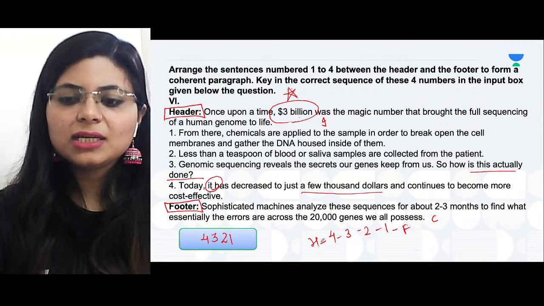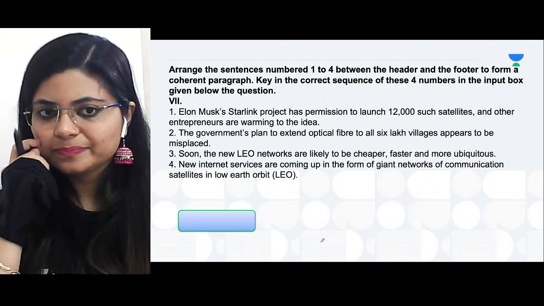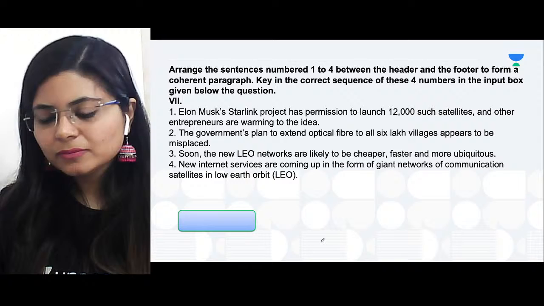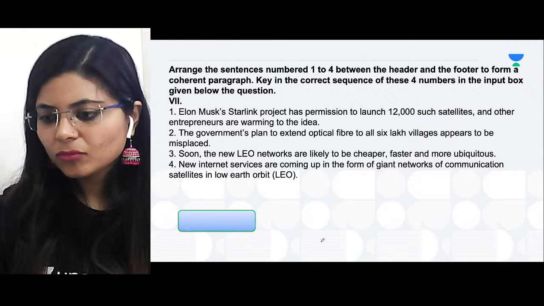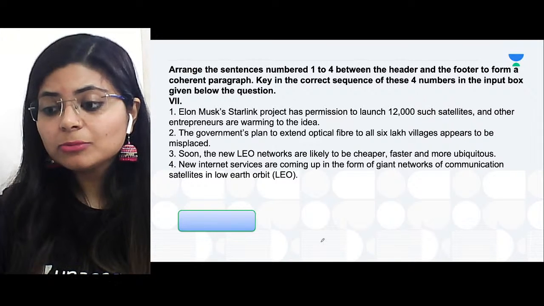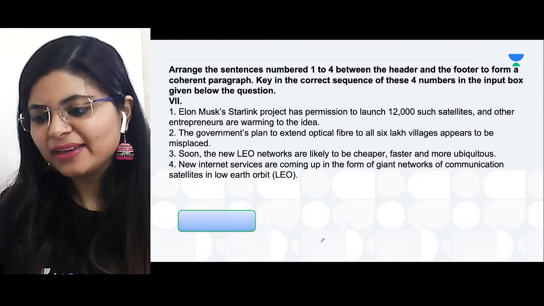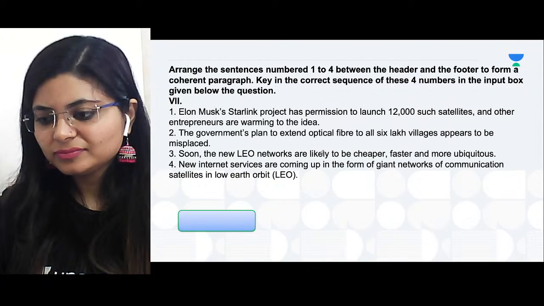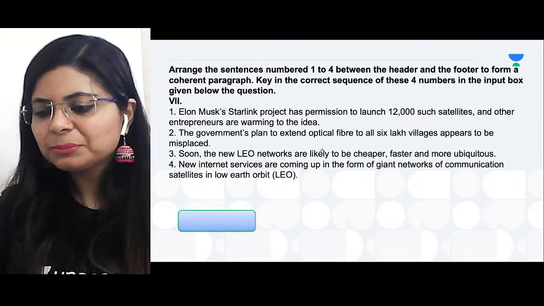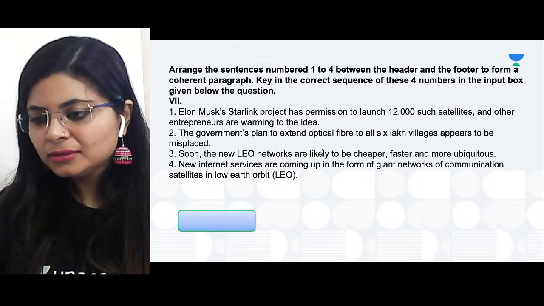Let's do the last question of the day, and we'll call it a day then. Supriya, no, the header will be followed by 4. It is the pair. 3 2 1, you have done it correctly.